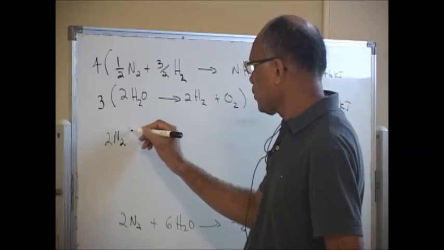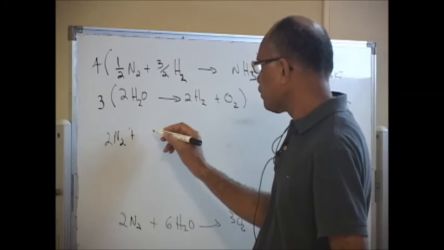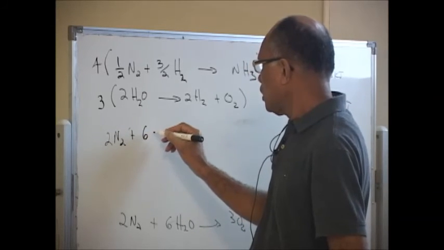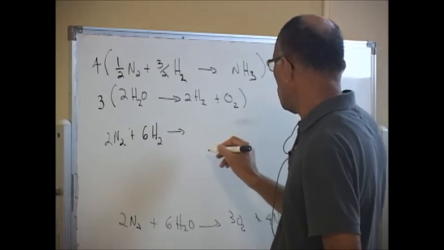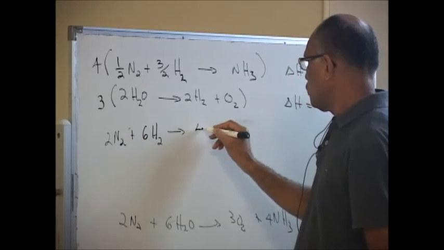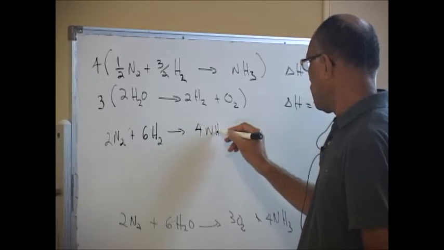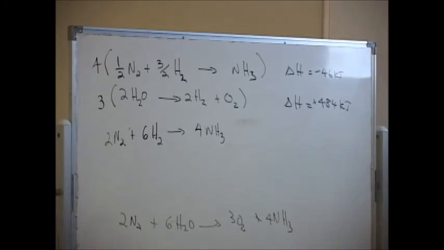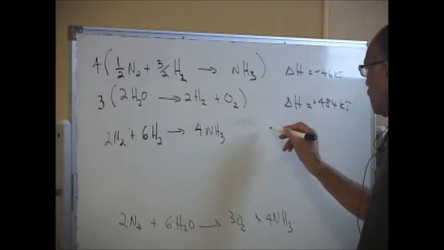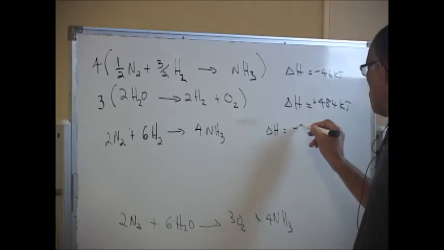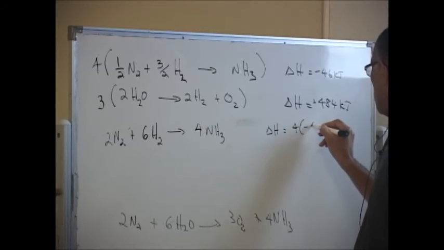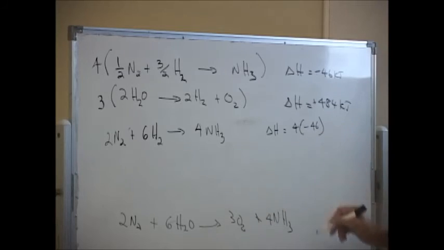2N2 plus 6H2, giving you 4NH3. And now your delta H is going to be 4 times 46, minus 46.